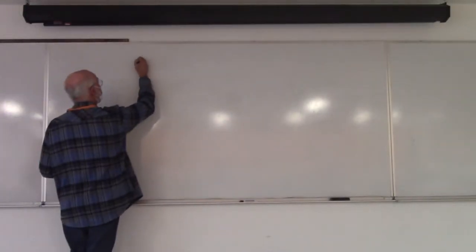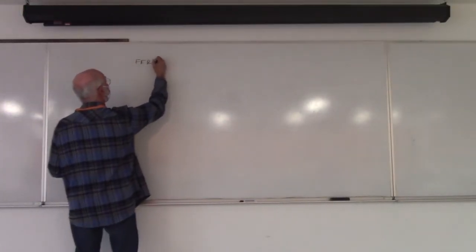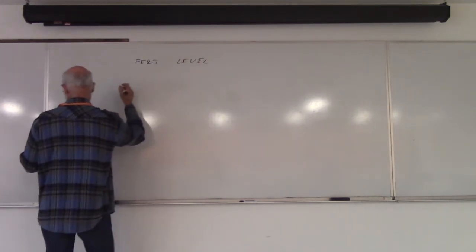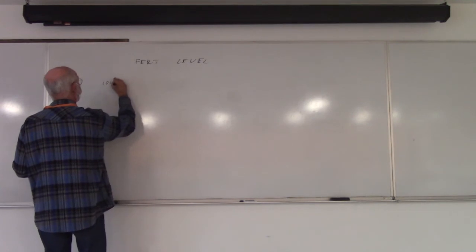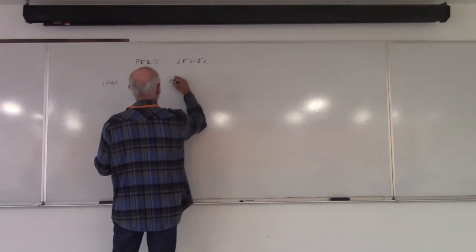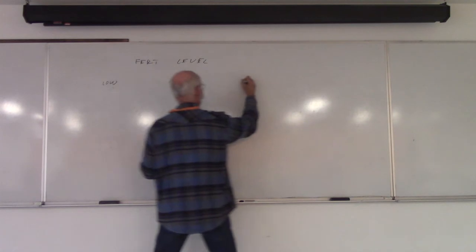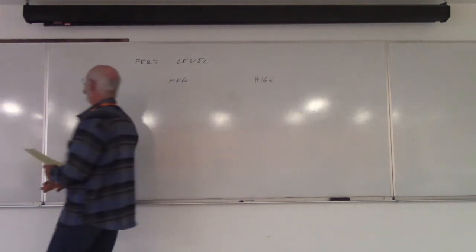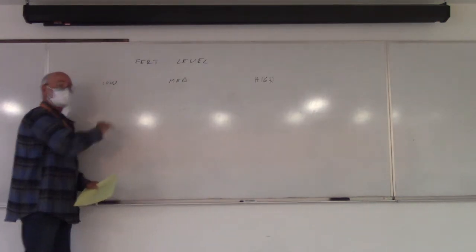The way we're going to set the model up is like this. The data that I will give you, not today, has fertilizer levels: low, medium, and high. It's important to remember that these are factors.